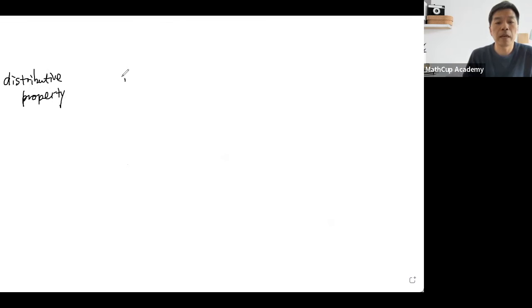This property says that A times (B plus C) equals A times B plus A times C. This basically says that when I have A times something, B plus C added together, if we take off the parentheses, we need to multiply A to B and A to C. So the A has to multiply to the B and to the C, and then we add the two products together. Now, this property is useful in both ways.